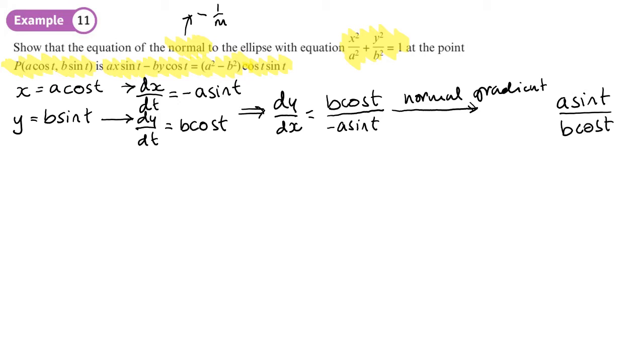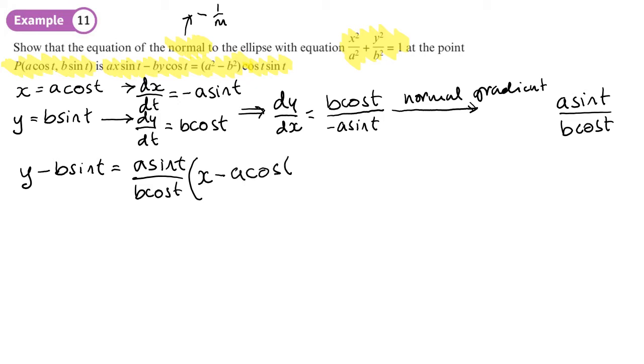So now we're going to use y minus y1 equals m times by x minus x1, which is a cos t. So from here we're going to multiply everything through by b cos t to get rid of the fraction.